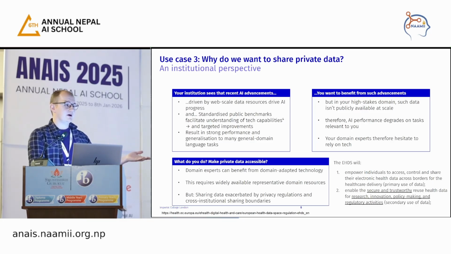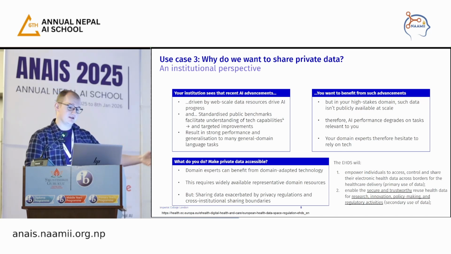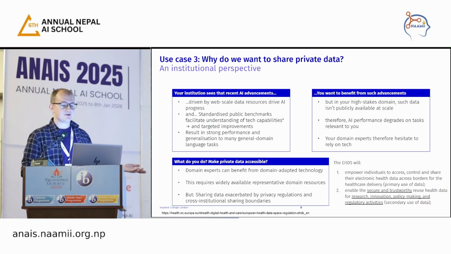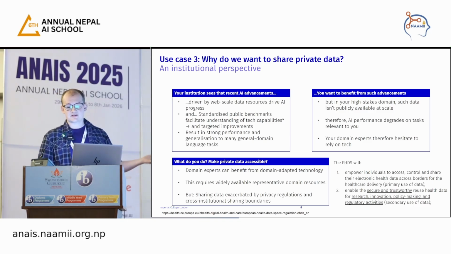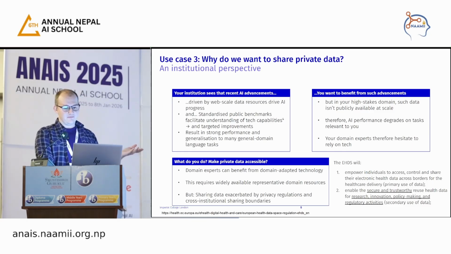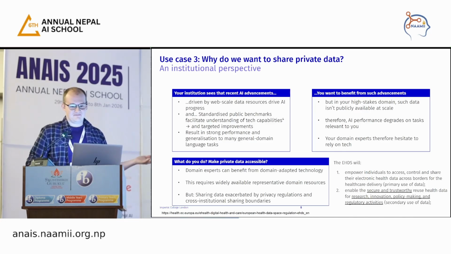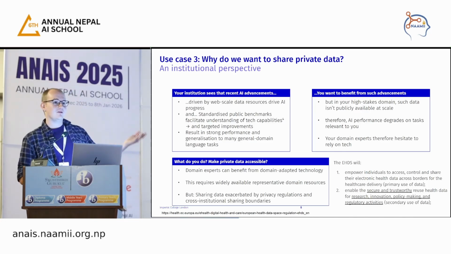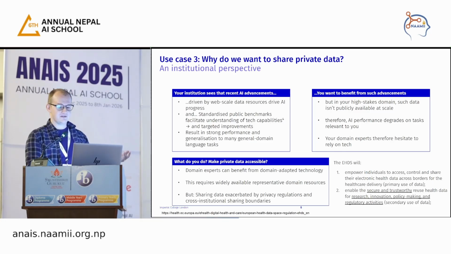So do you then go ahead and take all your data and give it to the AI practitioners to train their models on it, to incorporate it in the public resources? Because you're domain experts, after all, they could benefit from AI models that are specifically trained on the data for your tasks, right? But that would then require making this data widely available, which, if you're a hospital, a law firm, or a financial institution, you have very strict regulations where you are not allowed to do exactly that, right?